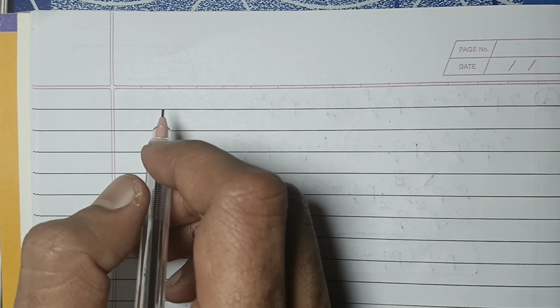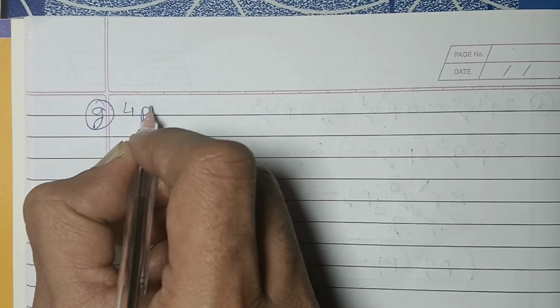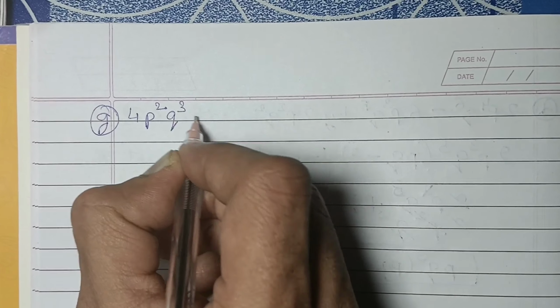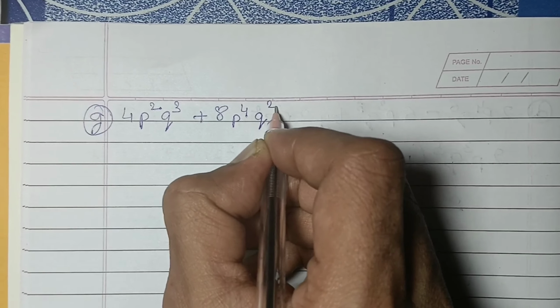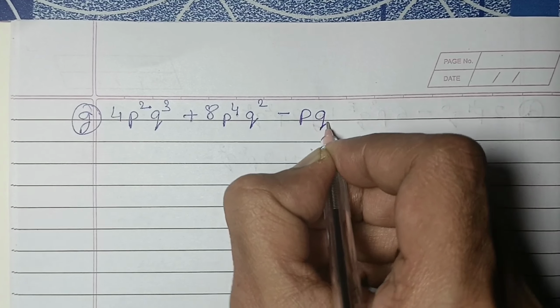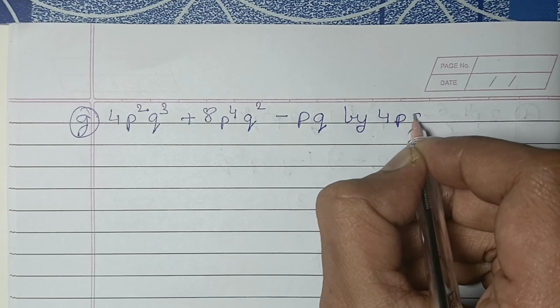Okay, so now we'll solve the G question, that is 4p square q cube plus 8p to the power 4 q square minus pq, and we have to divide these by 4pq.